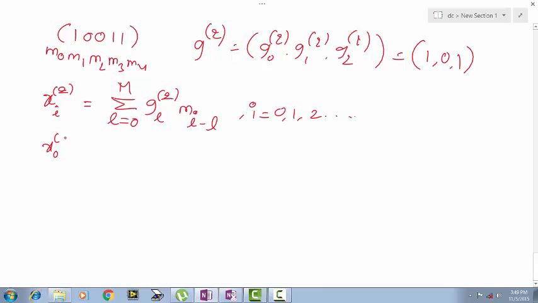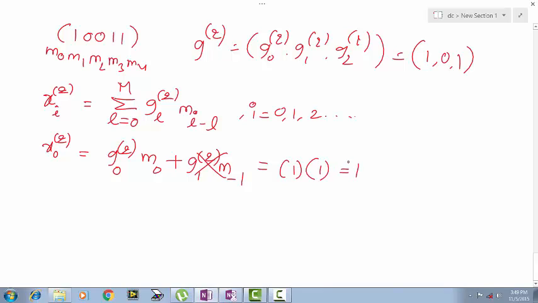So x0 of 2 is equal to g0 of 2 m0, since i is 0 and l is 0. The next term will be g1 of 2 m minus 1. We don't have m minus 1 or m minus 2, so only one term. So g0 of 2 is 1 multiplied by m0, which is 1, so it is equal to 1.